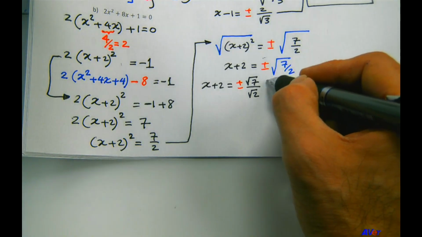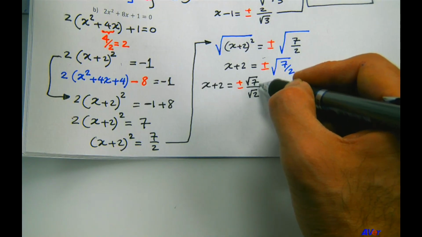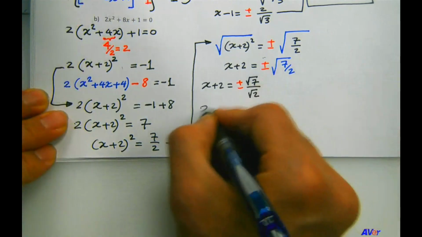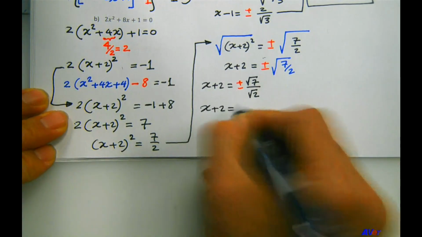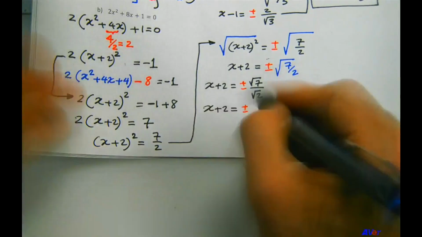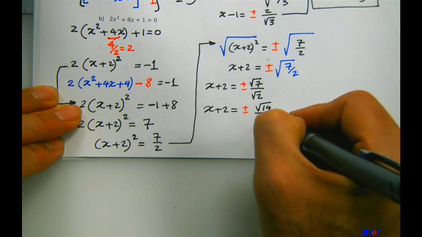So square root of 2 times square root of 7 will be a square root of 14 divided by square root of 2 squared, which is 2. So x plus 2 equals plus or minus square root of 14/2, right?